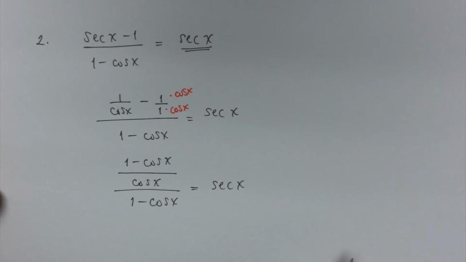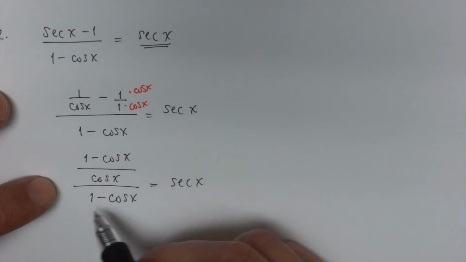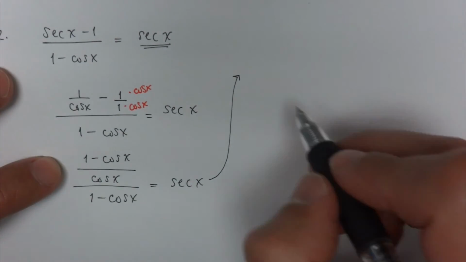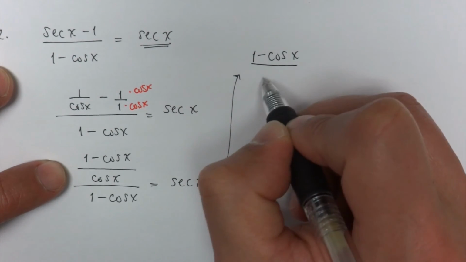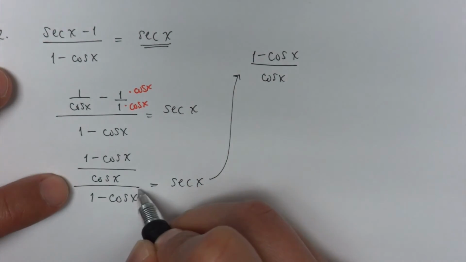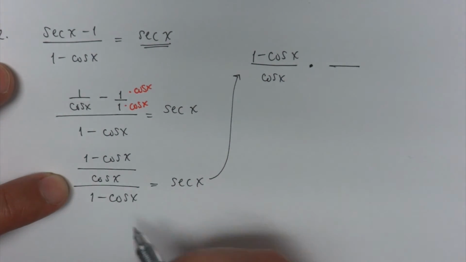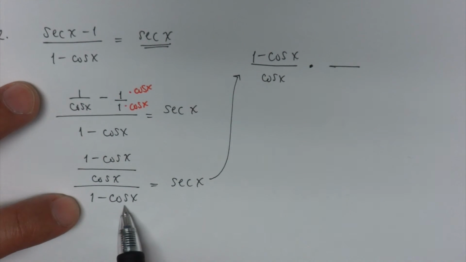All right, let's go ahead and see if we can simplify further. Since this is a complex fraction, I'm going to go ahead and do my division algorithm. So I'm going to keep the first one, 1 minus cosine x over cosine x. Division becomes multiplication. And then what do you do with this guy? Well, you multiply by the reciprocal. So this is 1 minus cosine x. So what's the reciprocal of 1 minus cosine x?